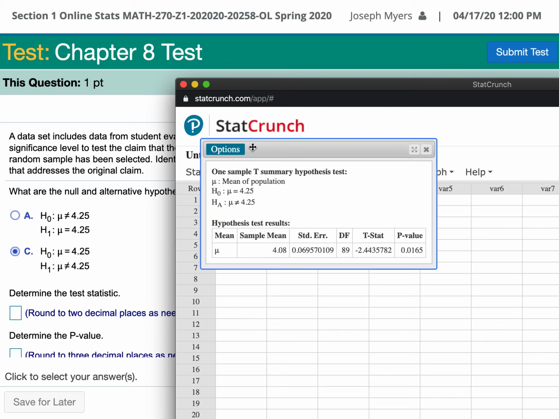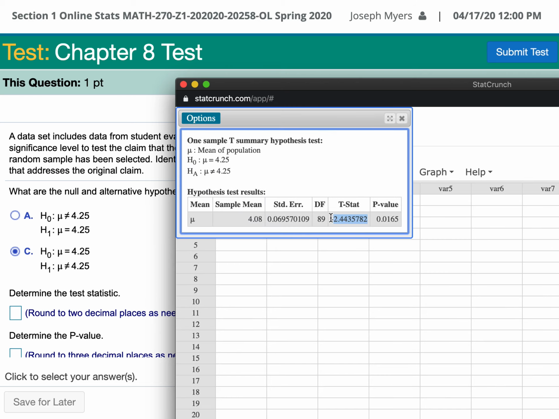The test statistic is called t this time, and that's equal to that. And the test statistic can also be calculated by hand, of course, if you do the sample mean minus the population mean in parentheses divided by the sample standard deviation over the square root of the sample size.